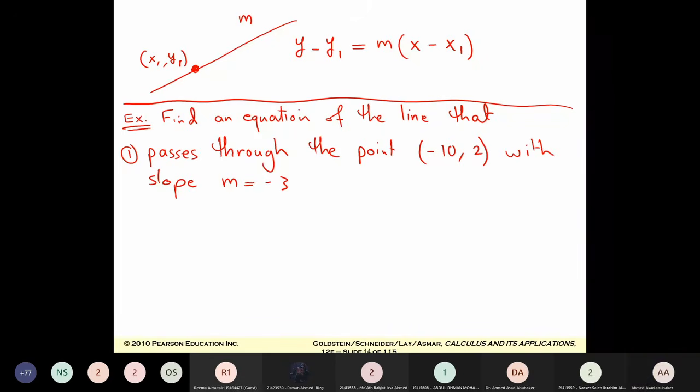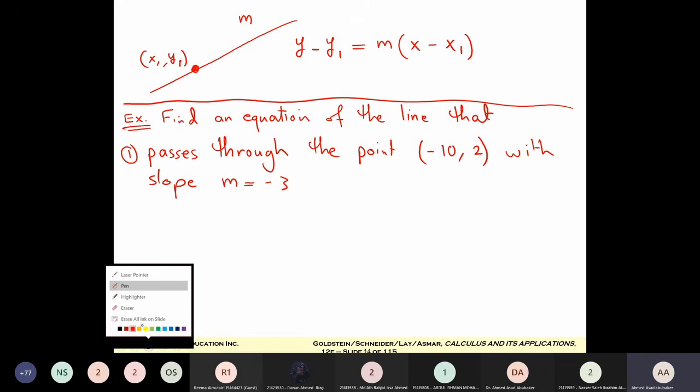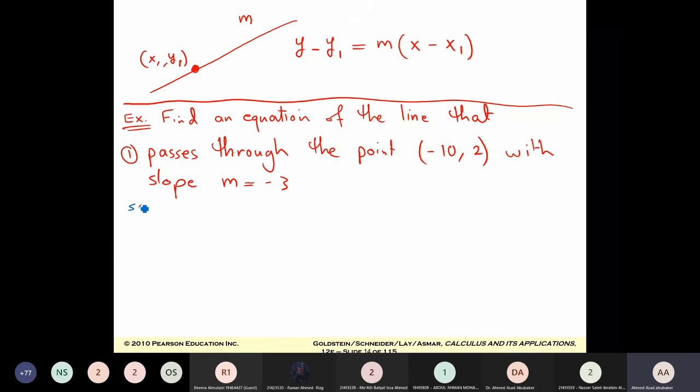Now, for any line, given the slope and a point, we can find the equation of this line. So the slope equals negative 3, and the point is (-10, 2), this is x1 and y1.